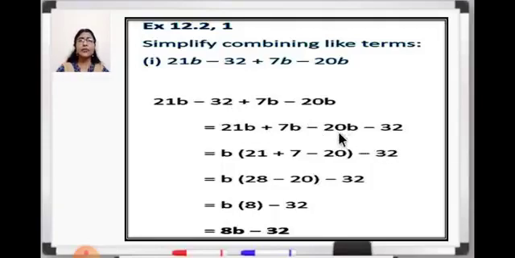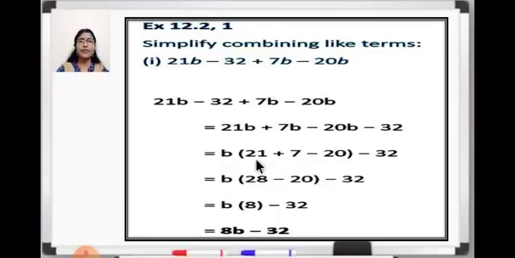And then what you will do, you will see these three have b as a variable. So we'll take the variable outside the bracket. So it is equal to b, and now we'll write all the coefficients inside the bracket, that is 21 plus 7 minus 20, and then we'll close the bracket, and at the end minus 32. And then you have to just solve this. So b we will write as it is.